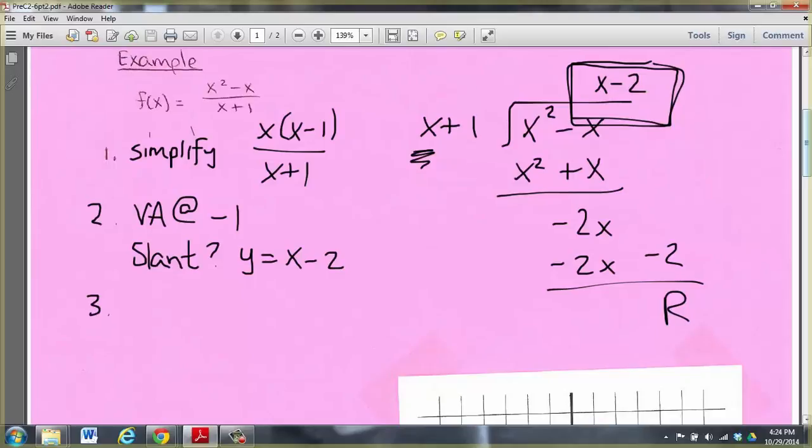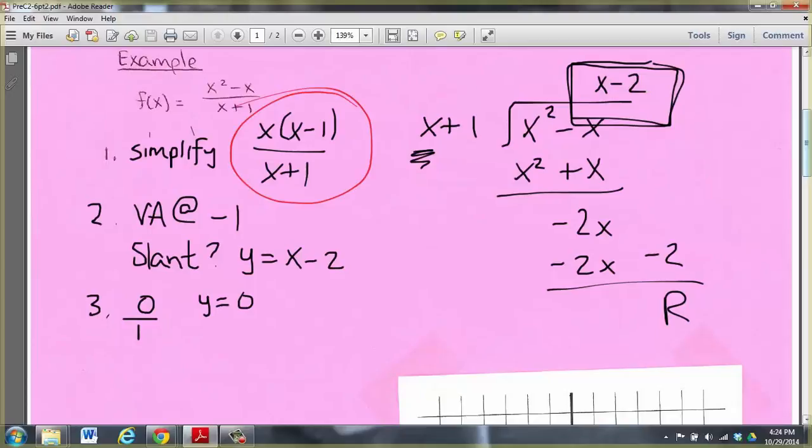Step 3, plug in 0 for x. In the numerator you get a 0. In the denominator you get a 1. So the y-intercept is 0. Now when we try to figure out what the x-intercepts are, we already factored up here.